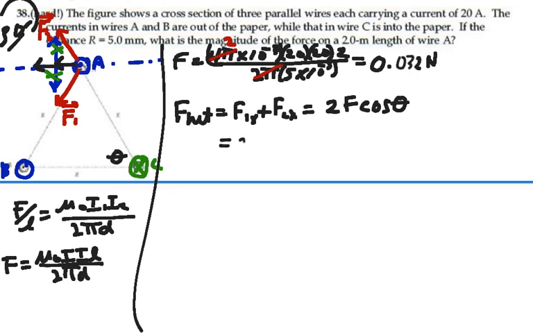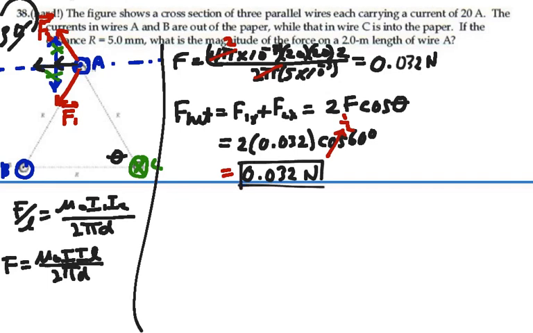So this is going to be equal to 2 times the force, 0.032, times the cosine of 60 degrees. Cosine of 60 degrees actually is 1/2. So we have 2 times 1/2, which is 1. So this is equal to 0.032 newtons.